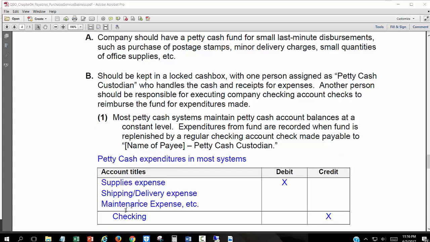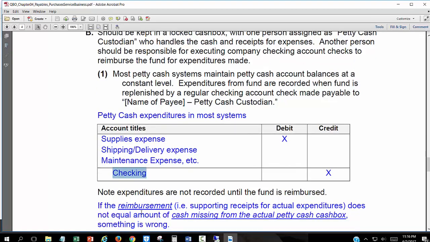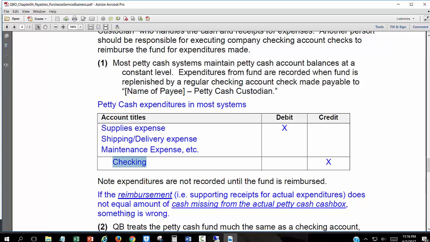So here's an example of the reimbursement of a petty cash fund in most systems. Notice that you don't actually record these expenditures until the point you write the check to reimburse the fund. And your double check should be that if the reimbursement amount isn't the same as the amount of cash that you don't have in the petty cash box, then something's wrong.